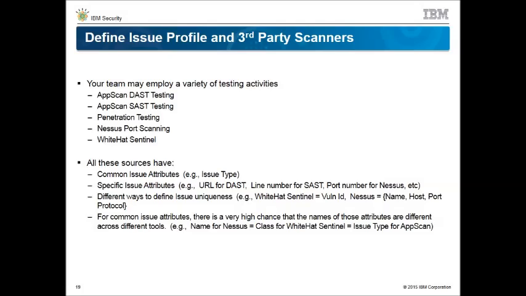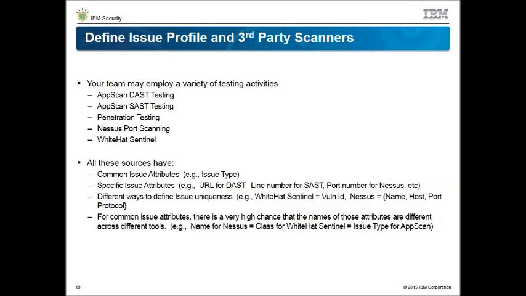So name for Nessus is equal to the class for WhiteHat Sentinel, and it's equal to the issue type for AppScan Enterprise. So obviously, when you bring in vulnerabilities from a Nessus scan, you want to map this name to what we call issue type. You don't want to create a Nessus name because that doesn't make sense. The same thing for WhiteHat Sentinel.